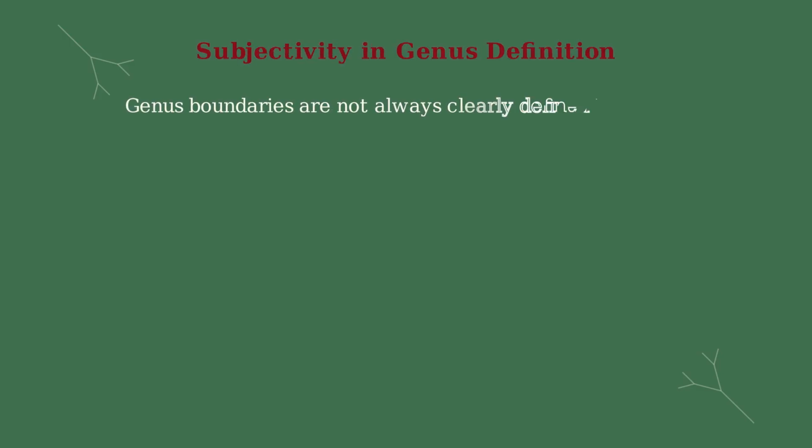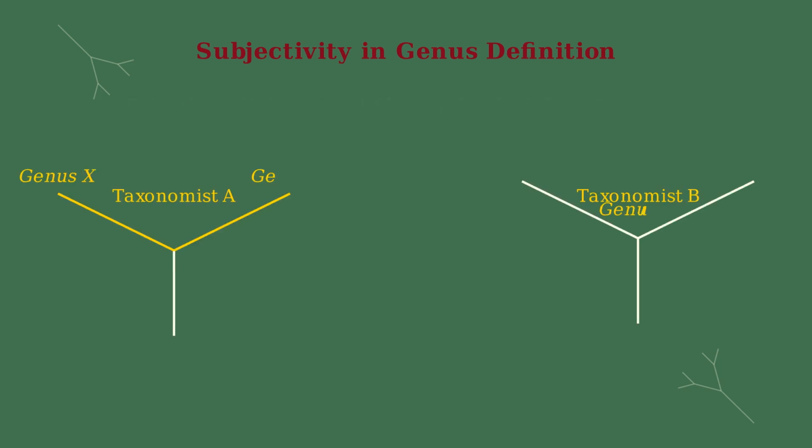Unlike some scientific classifications that have clear, objective boundaries, genus definitions can be surprisingly subjective. Different taxonomists may draw genus boundaries differently based on which characteristics they consider most important. For example, taxonomist A might split organisms into two separate genera based on distinctive physical features, while taxonomist B might group them into a single genus based on genetic similarities.